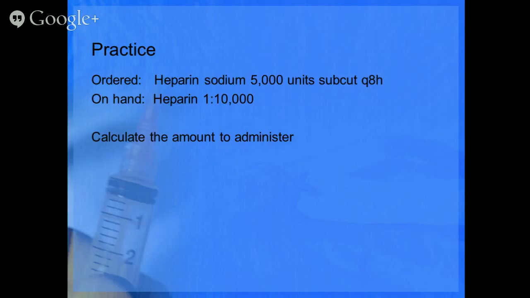So when we do this, we end up with our ordered units of 5,000 over what we have on hand, which is 10,000, times 1 ml. So when you cancel out, your units cancel out, you're going to end up with milliliters. 0.5 milliliters is what you're going to get with the vial.